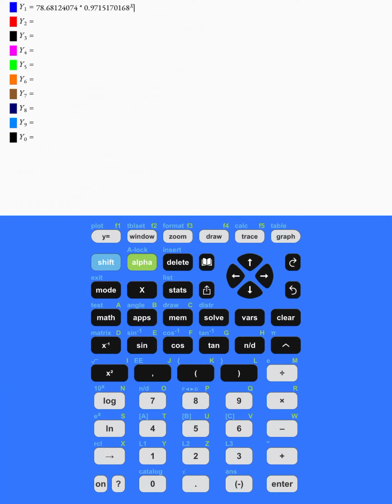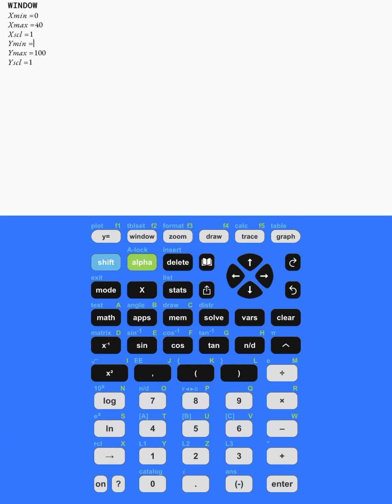accurate graph. Once you have it copied and pasted, you're going to go to window, and you're going to use the values that we had. X is time, so we know that the lowest time we had was 0 from our charts. The highest time was 40. And for Y, our lowest temperature was, if you look at all the values, 23.